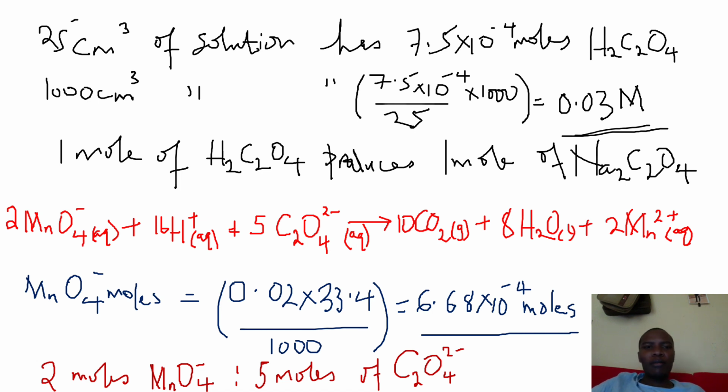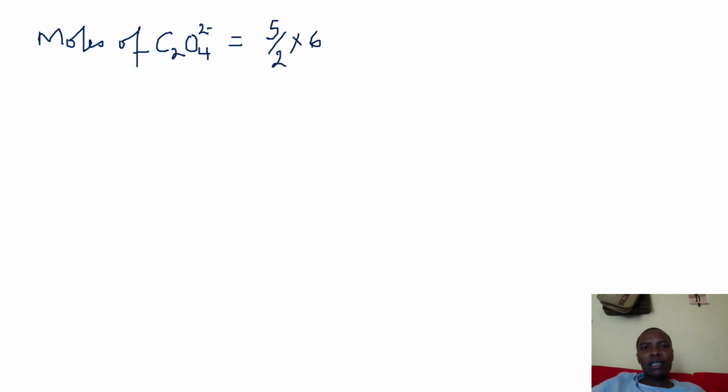Then I can move on and say, therefore, we shall say that moles of total, remember that this is all the oxalate ions available in solution, equal to now 5 out of 2, then we multiply it by the 6.68 times 10 to the power negative 4.